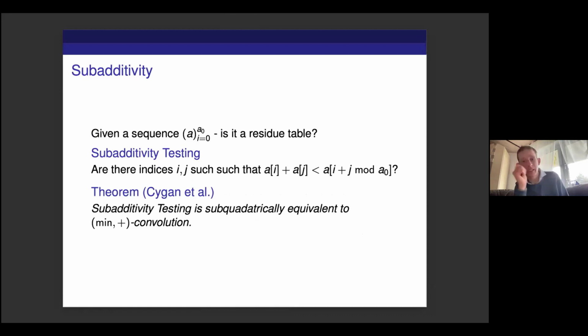Okay, so let's think a bit about the residue table. What properties does it actually have? The residue table has to fulfill some subadditivity properties. So there must not be indices i and j such that a_i plus a_j is less than the entry of a_(i+j) modulo A0.